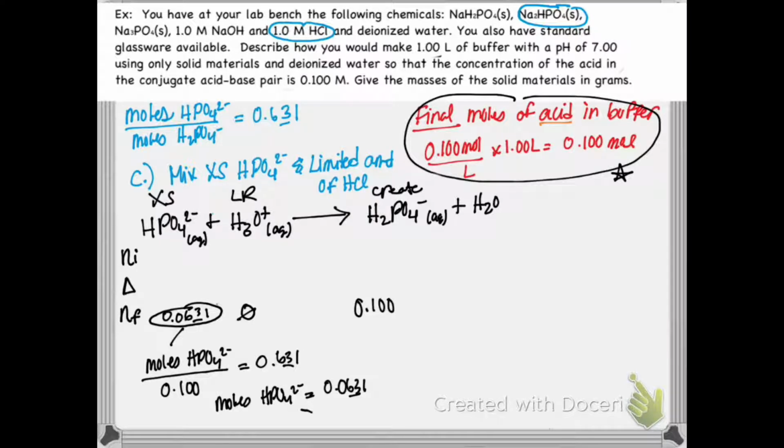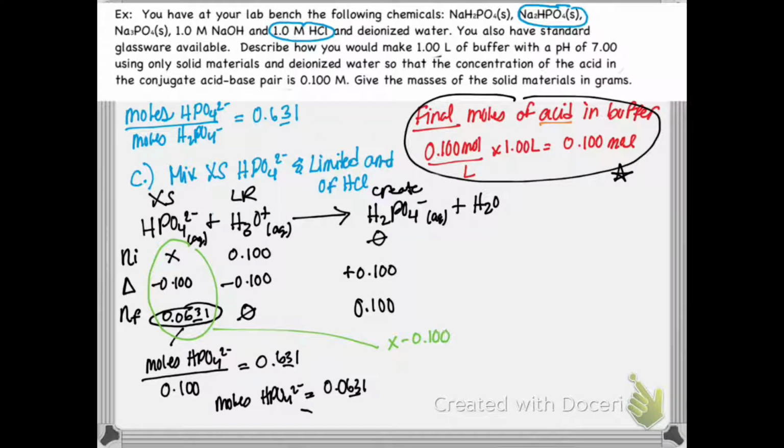We're creating the H2PO4- from this reaction, so we start with 0, so we have to add 0.1 to create it, which means we're using up 0.1 from the hydronium and the HPO4 2-. So we start with 0.1 moles of hydronium and X amount of our HPO4 2-. Solving for X, X minus 0.1 is equal to 0.0631.